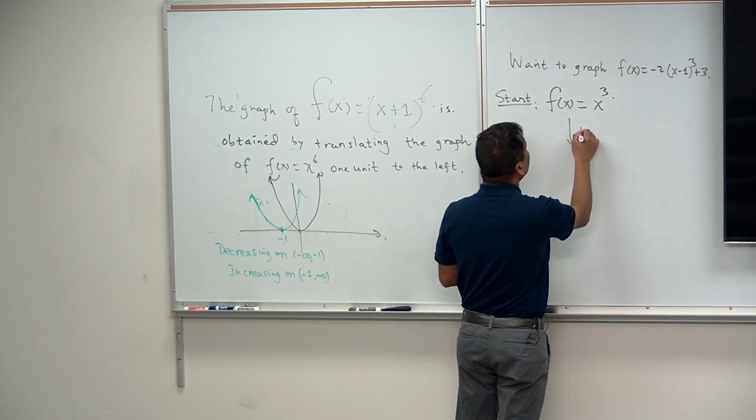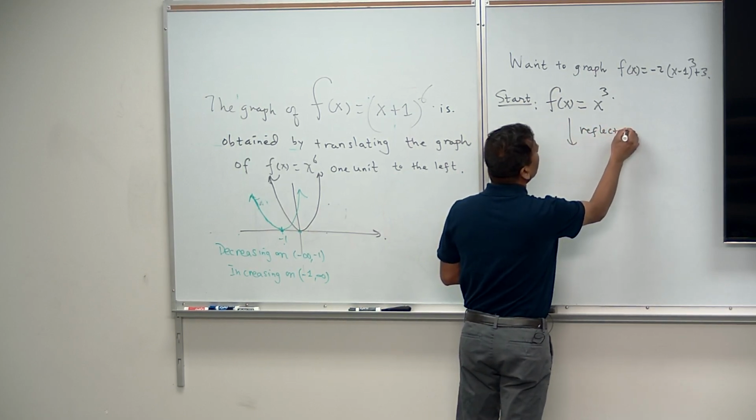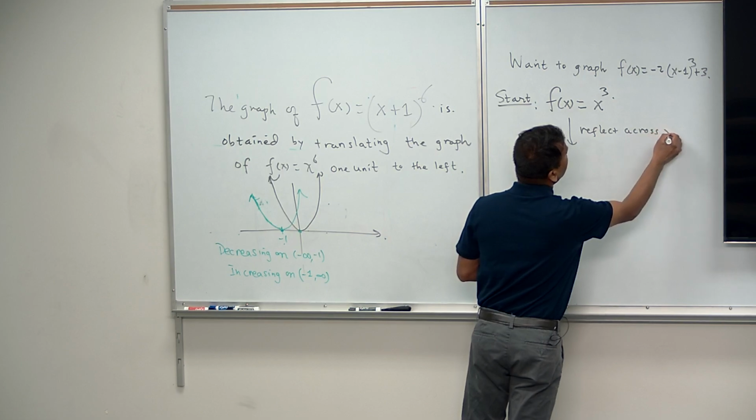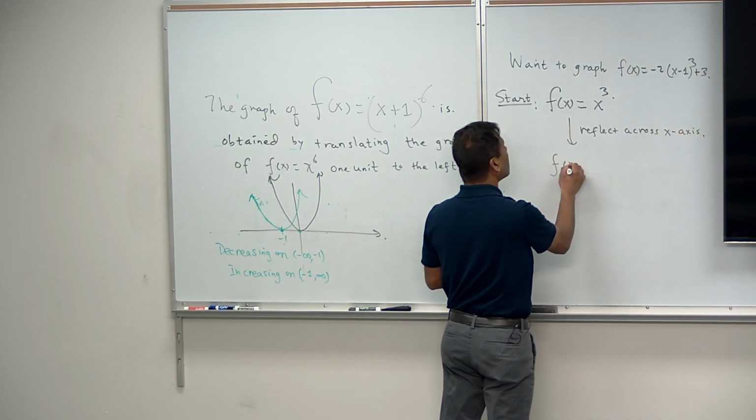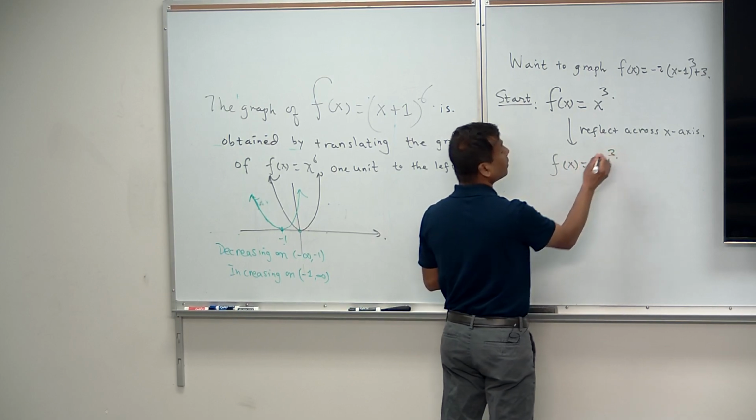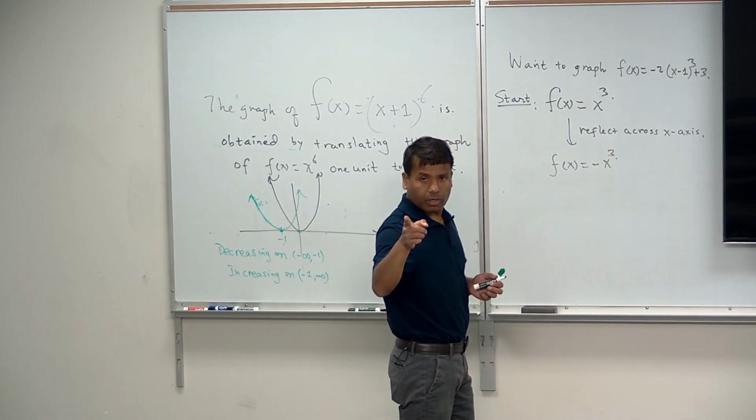Then reflect across the x-axis. You'll get f(x) equal to -x cubed. You understand what I mean, right?